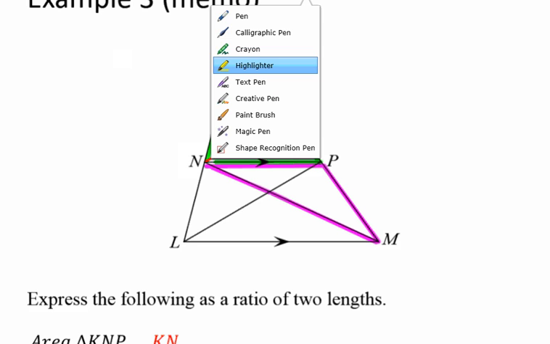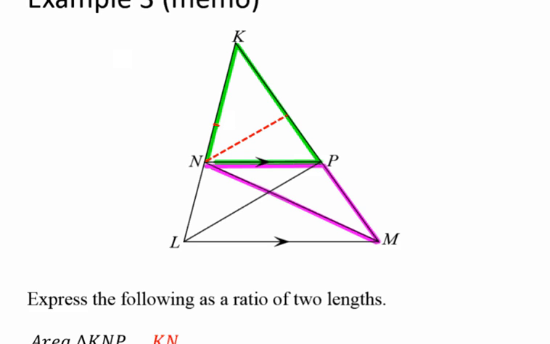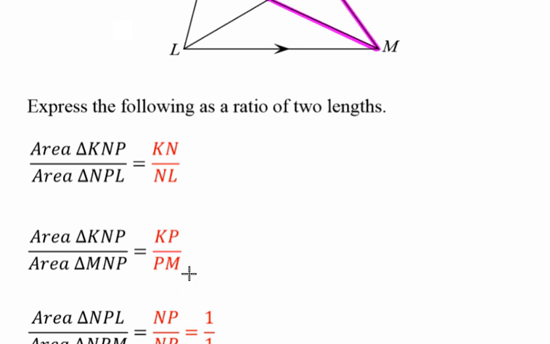There's my altitude. So I know that the area of that green triangle to the purple triangle, if I divide them, is the same as KP divided by PM, and that's how I get that.